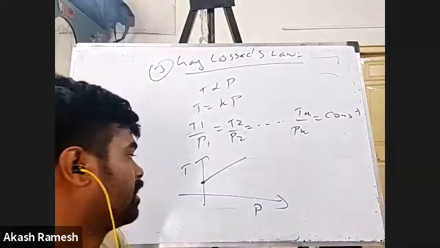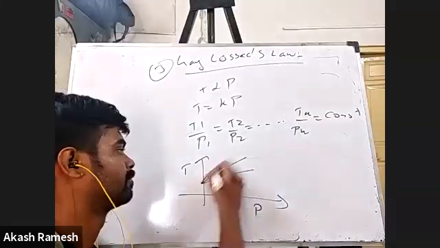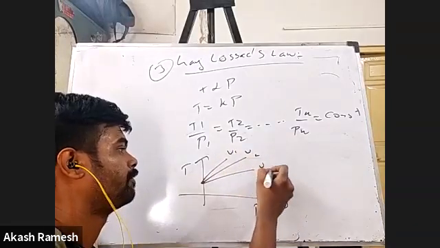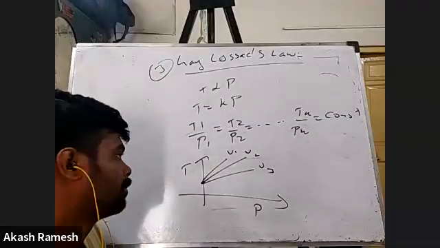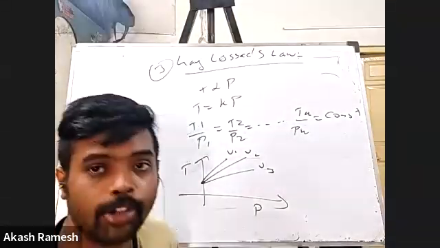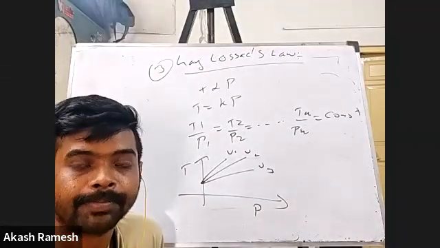Again, I can have this itself, V1, V2, and V3. So now you do it and tell me what is the order of volumes, V1, V2, V3.